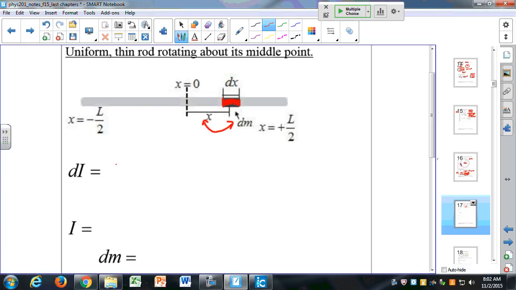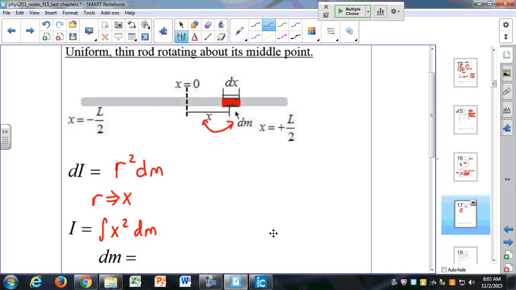So I start with the definition that dI is equal to r squared dm. This r is actually going to be an x because it's a 1D problem and I'm not dealing with things in a circle. So if I integrate both sides, I will have the integral of x squared dm.